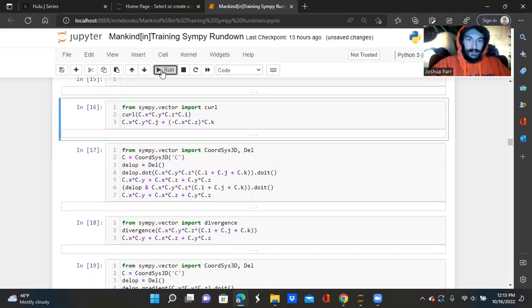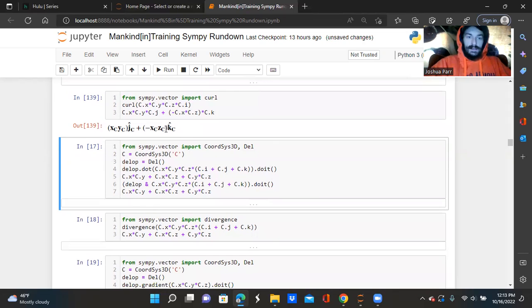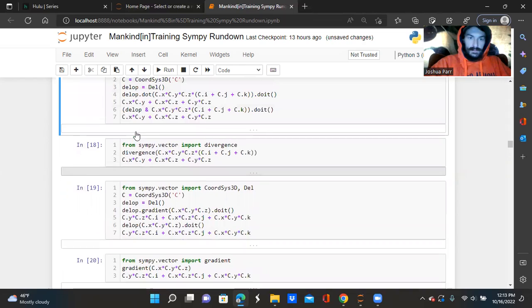Here are our parameters. And it tells me that the curl of cx, cy, cz, and ci all multiplied together would be this right here. xcyc j hat c.